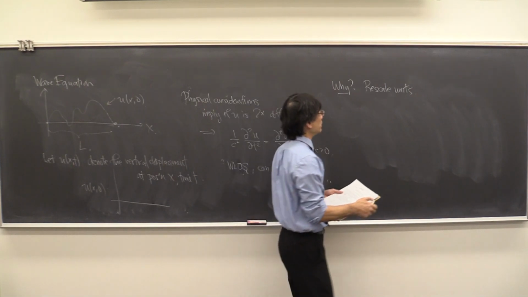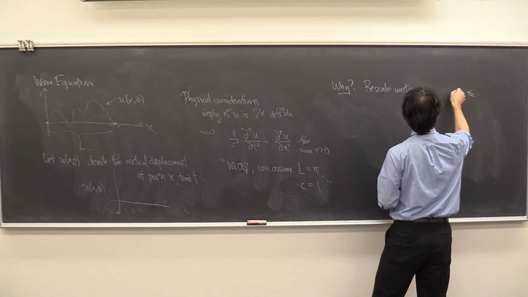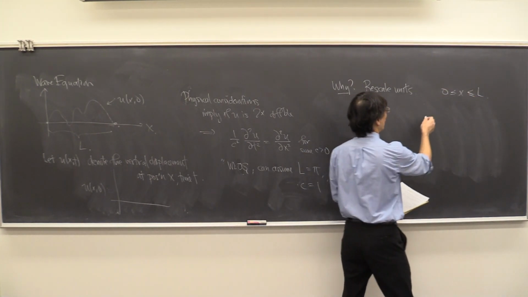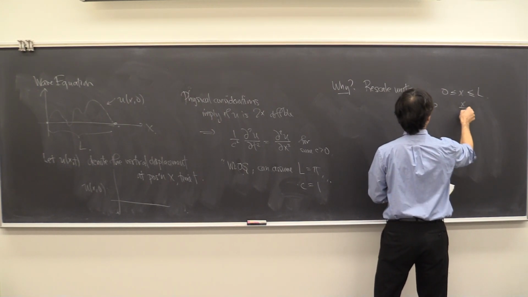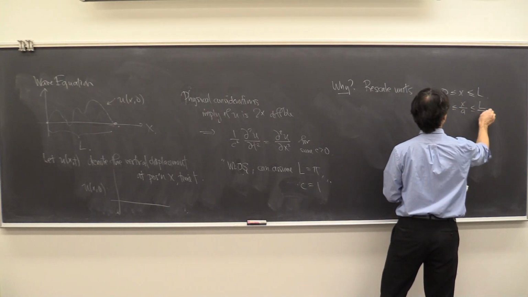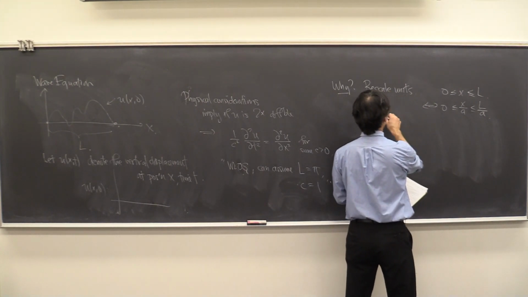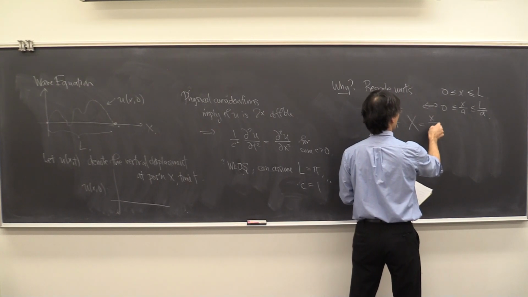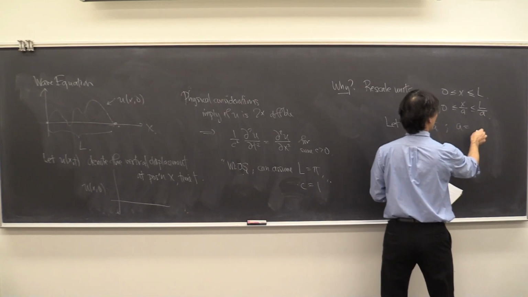Okay. So the first thing we do is we say, well, look, right now x is ranging between 0 and L. So that's the same thing as saying that x over a ranges from 0 to L over a. And so what we do is we let capital X be this x over a, and let A be L over pi.